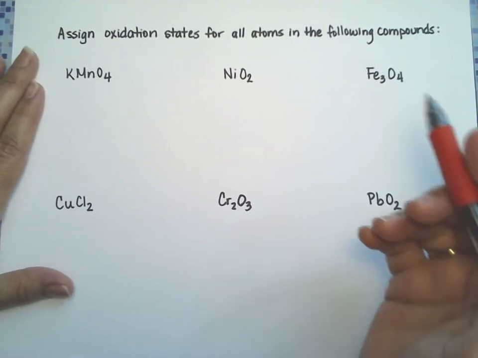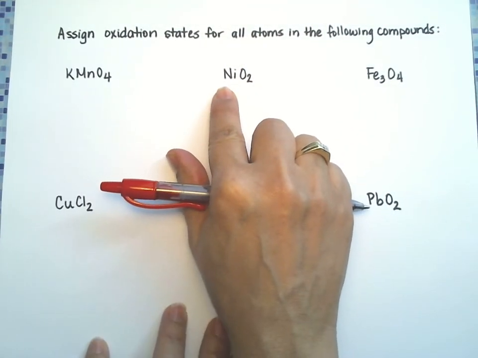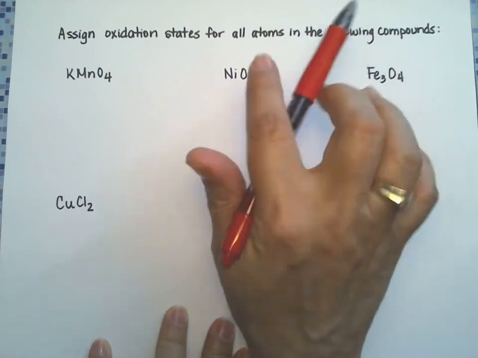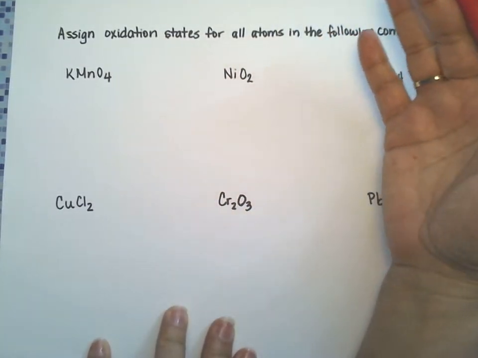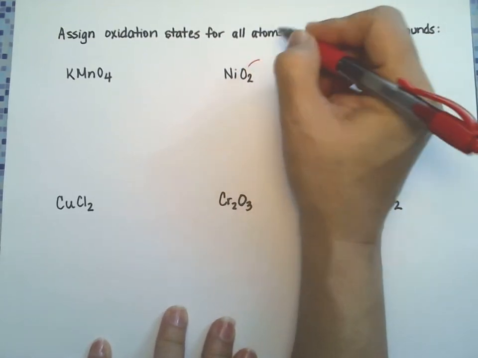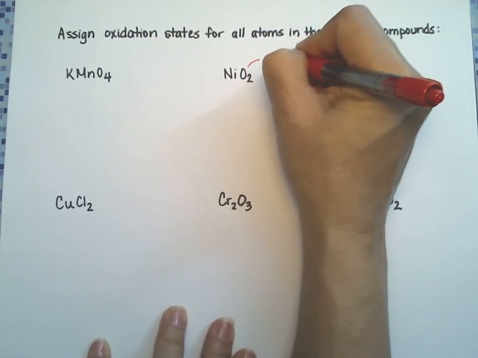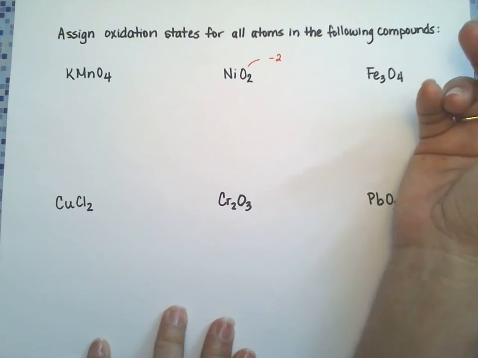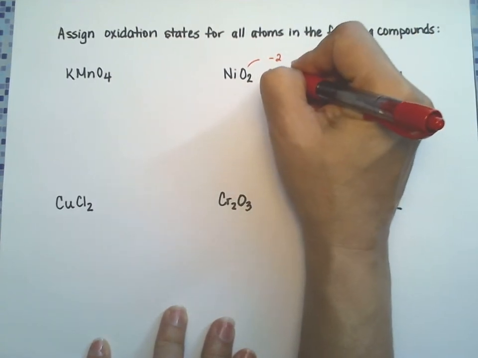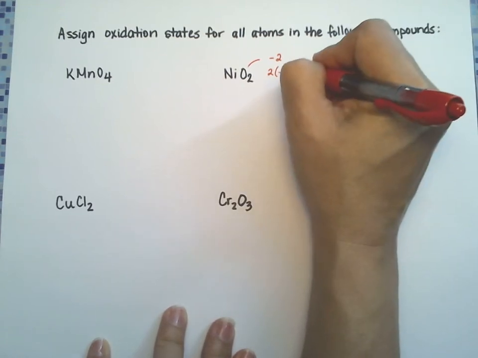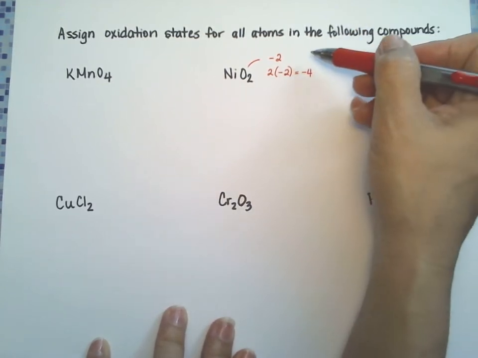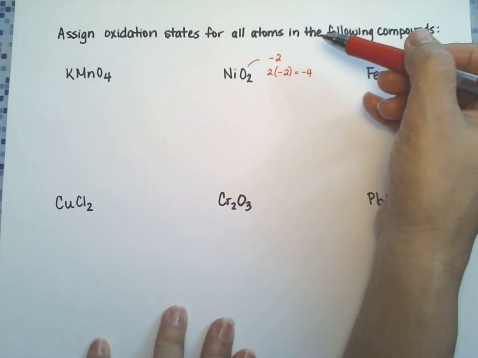So we're going to start, for example, with nickel oxide. We're not sure about the nickel, but we know that whenever oxygen is in a compound, each oxygen is going to be a -2. So right here, we have 2 oxygens. Each one of them is -2. So it's -4 in terms of the negative charges of the compound.